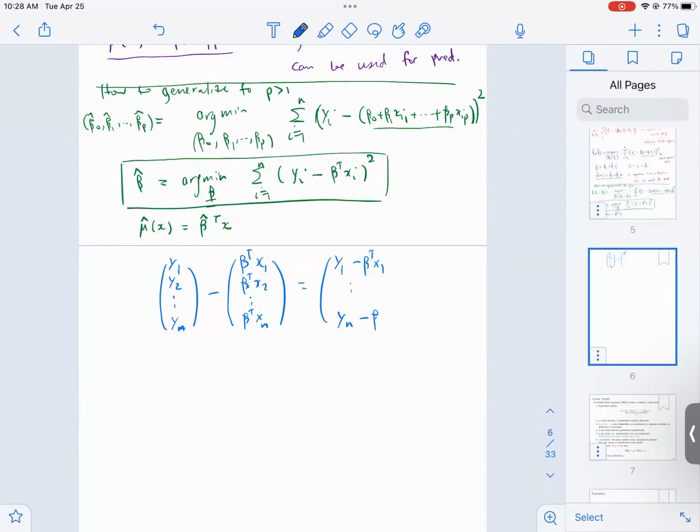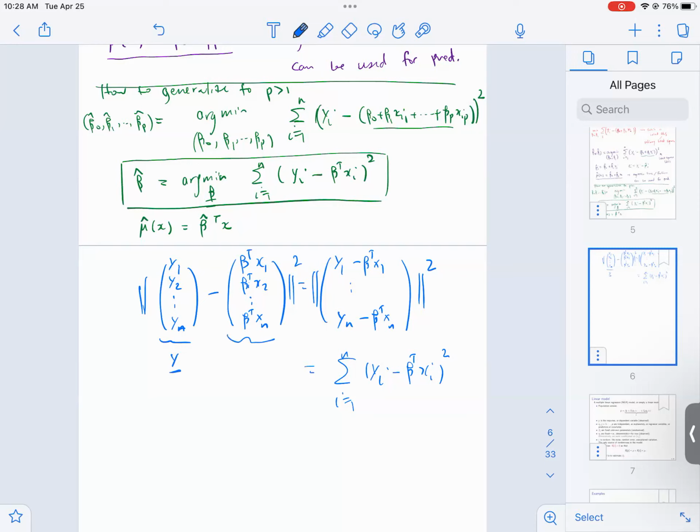This would do the subtraction. Now, if I take the norm squared of this, it would give me the sum of yi minus beta transpose xi squared, because I'm going to square each of these and then add them up. Okay. So I'm going to call this vector y.